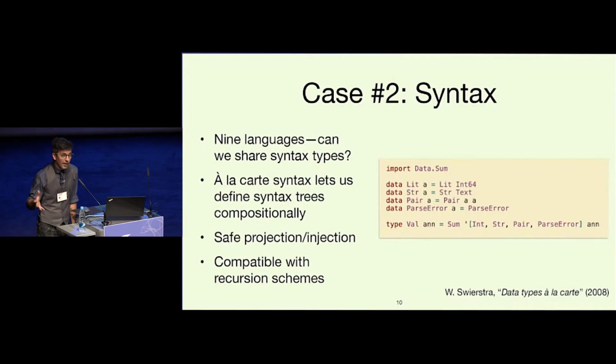Anyway, so as a second case, I mentioned earlier that the complexity of trying to do all the various things we're doing across 9 different languages led us to want to consider, well, how can we factor that work out?